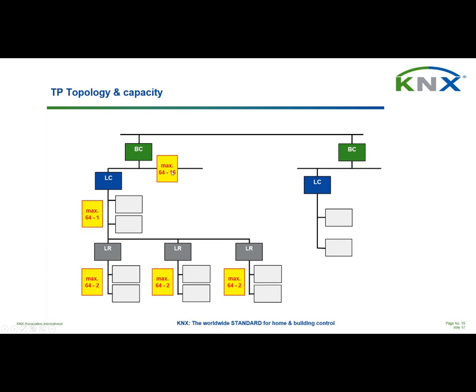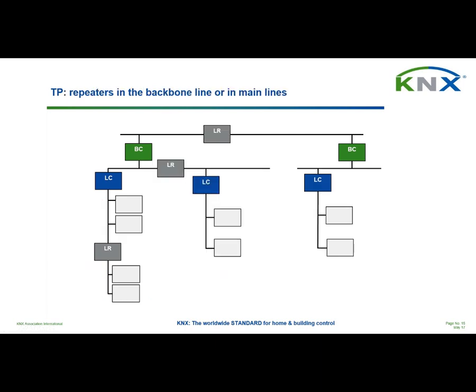So that's why we have in total 16 here, 64 minus 16. 64 minus 15 in the backbone line, 15 because of the primary side of the 15 backbone couplers. So that's how you calculate the capacity of a KNX installation for twisted pair.